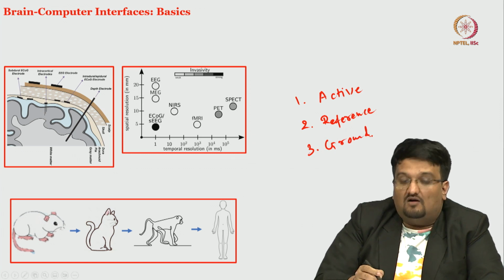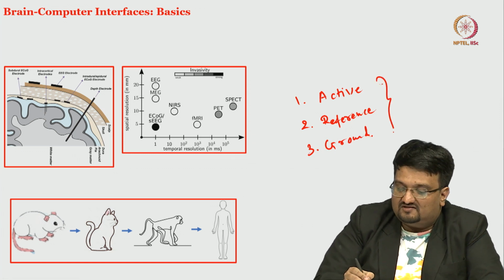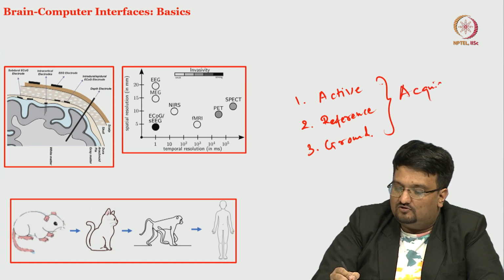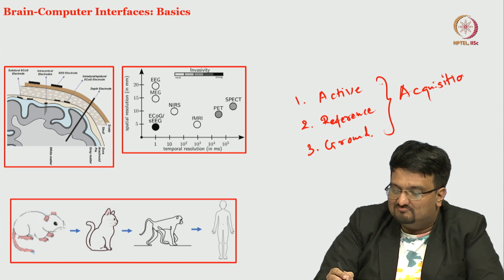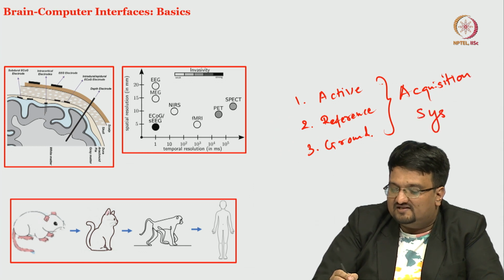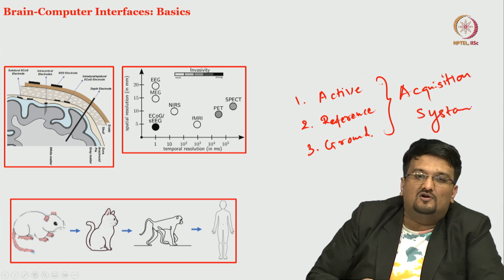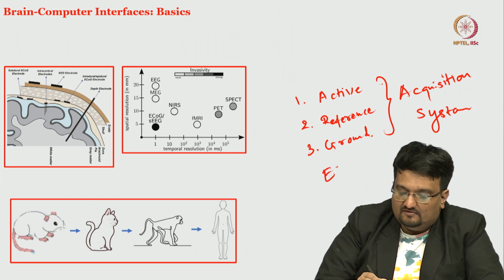Now why these 3 electrodes? These 3 electrodes will be given as an input to your acquisition system, and this is true for any biopotential, not only EEG.